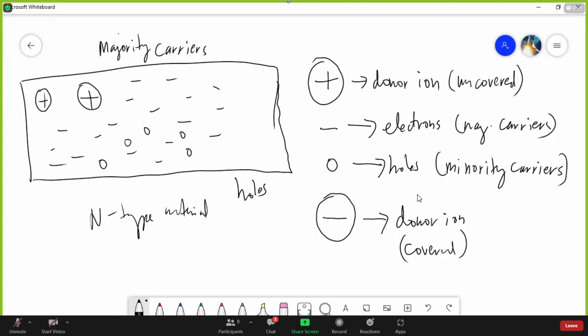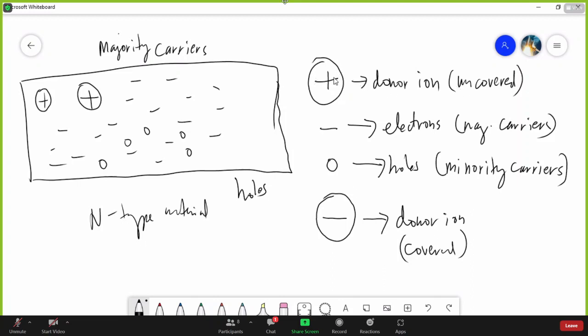Okay, so ulitin natin para sa lahat. Sa loob ng isang N-type material, meron tayong malaking bilog na may positive. These are called donor ions. But uncovered ang tawag sa kanya. Dahil nag-donate na siya ng electron, kaya positive yung nakalagay sa symbol. Meron tayong majority carriers.